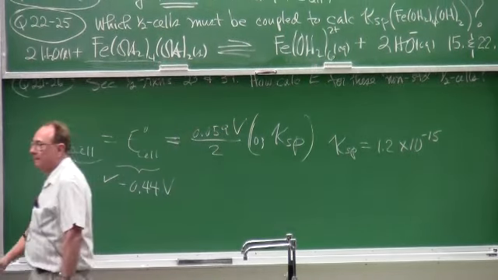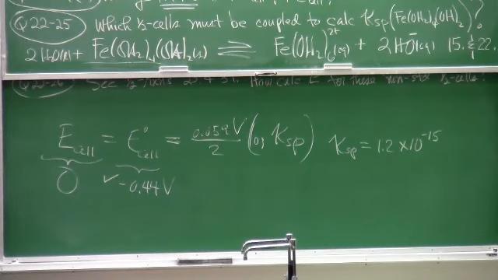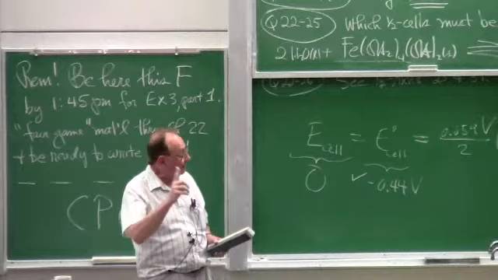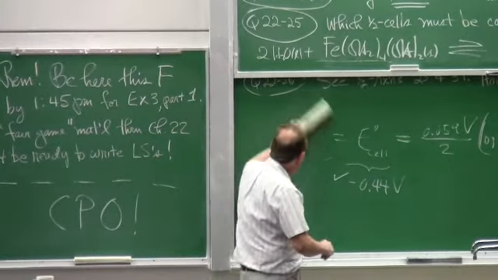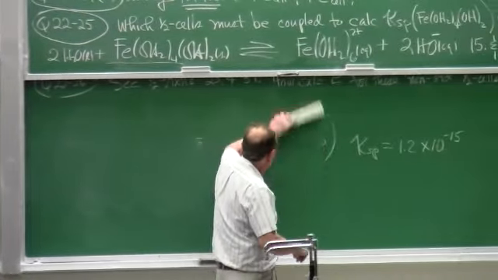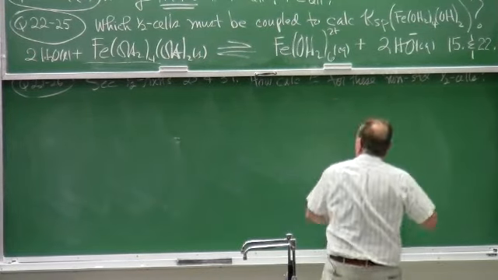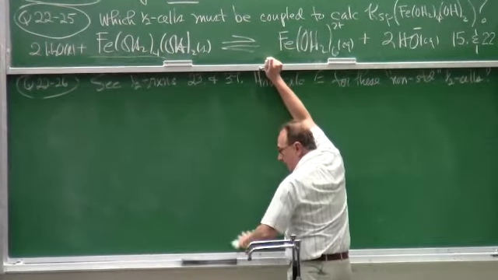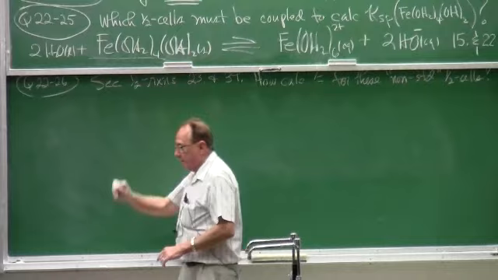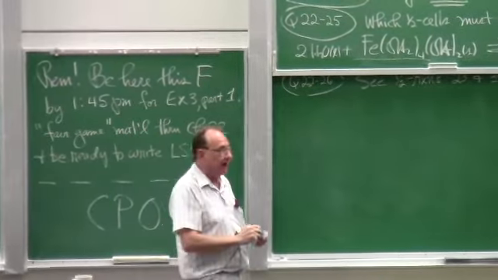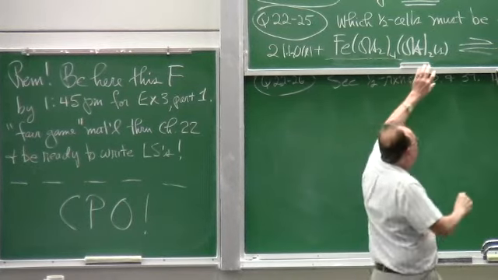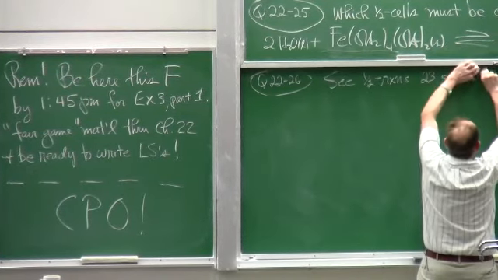Now, you'll finish the stuff for chapter 22 tomorrow in discussion class. Be there. But let's take a look at one more, and then we'll quit for today. I want you to revisit half reactions 23 and 39, which we have already recognized to be non-standard half reactions. They have E values tabulated, not E0 values.